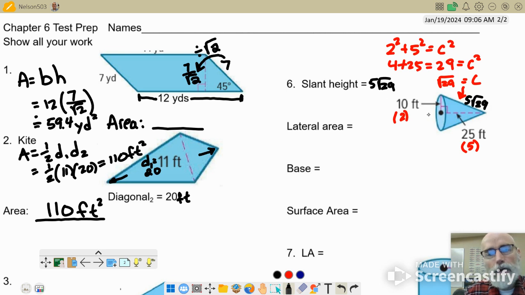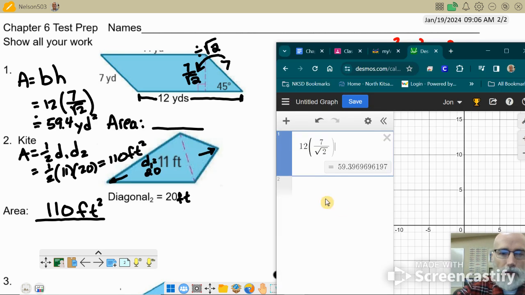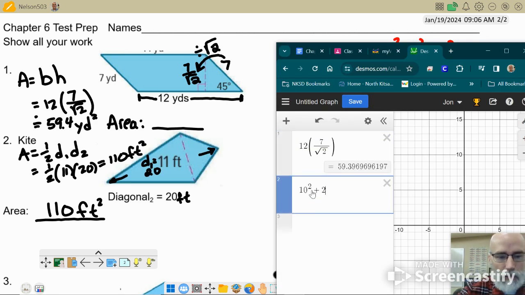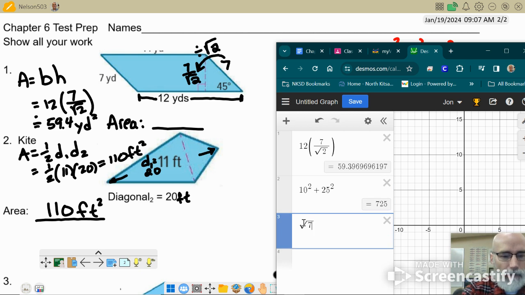Doing it this way, taking that extra factor out, allows you to have a simplified answer. If you just use the 10 and the 25 and plug that into Desmos, you go 10 squared plus 25 squared, and you get your 725 number. Then you say, okay, square root of 725.